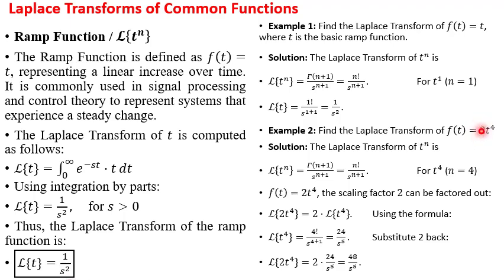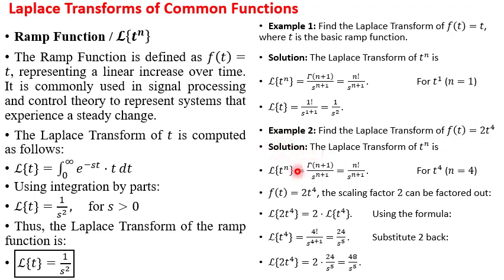It is just a scaling factor. And when we look at this expression, it takes the form of the Laplace transform of t raised to power n. And so we basically apply this general rule in solving for the Laplace transform of this expression.